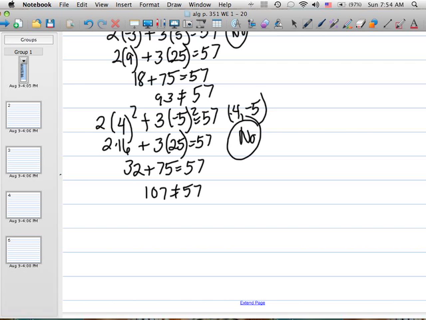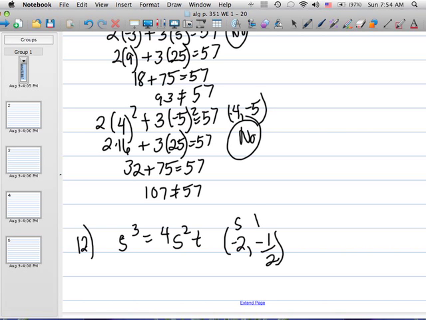And the last one in this section, number 12. We have s cubed is going to equal 4s squared t. And the ordered pair we're putting in for s and t is negative 2, negative 1/2. So we're putting in negative 2 for s. So wherever you see an s, you put in negative 2. And t is negative 1/2.